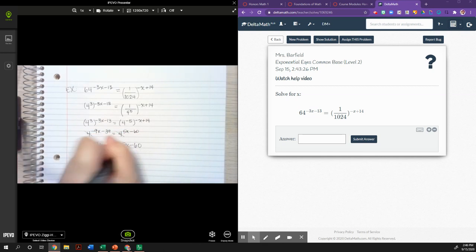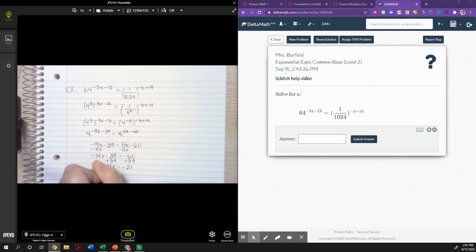I'm going to subtract 5x, so I get negative 14x minus 39 equals negative 60. I'm going to add 39, so negative 14x equals negative 21.